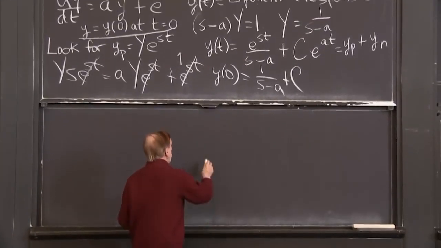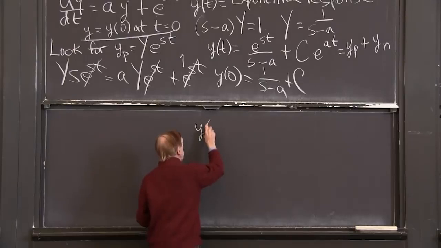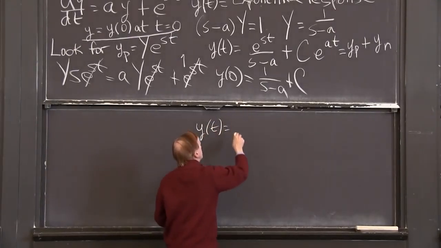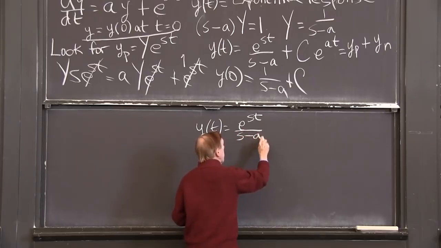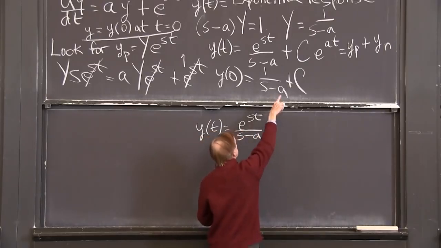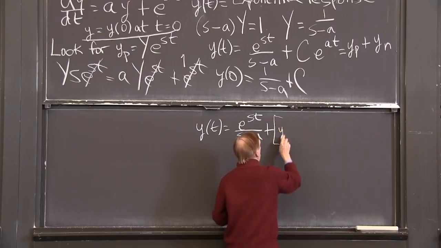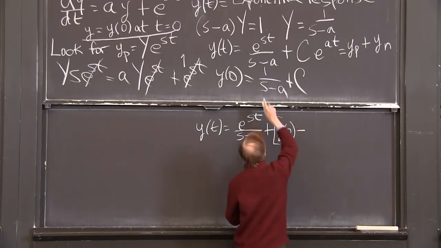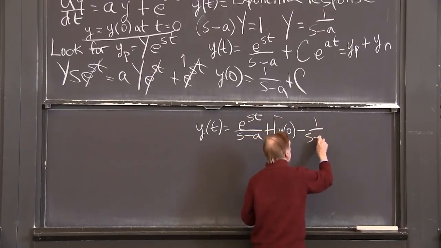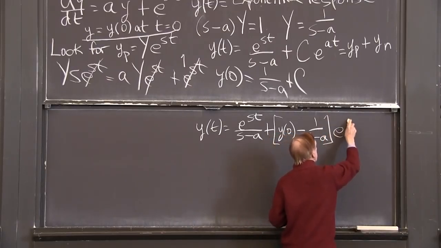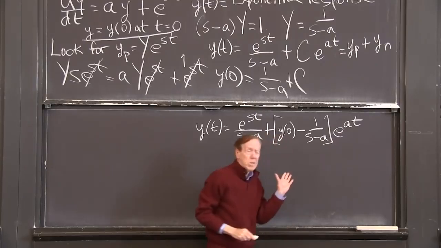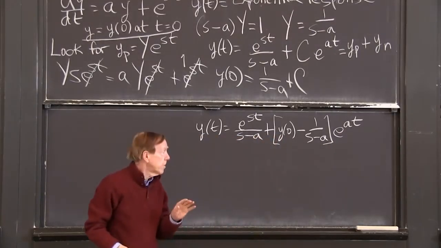So I put it in, and I have the solution. y of t is e to the st over s minus a, the easy one, plus C. Now C is y of 0 minus 1 over s minus a. That's what we needed, times e to the at. That's our answer.